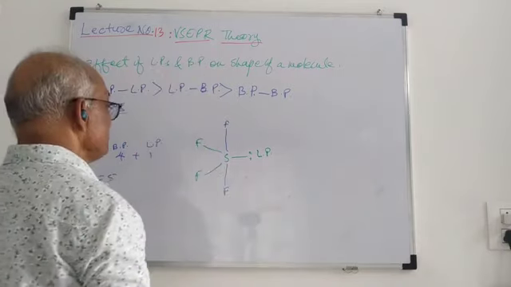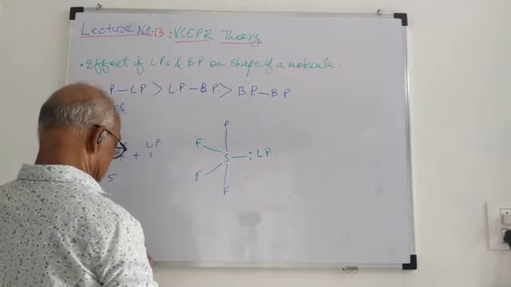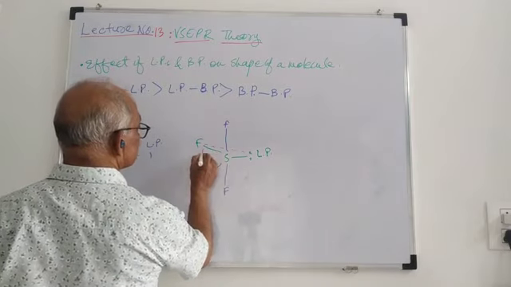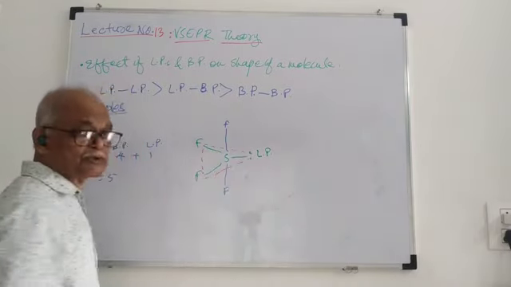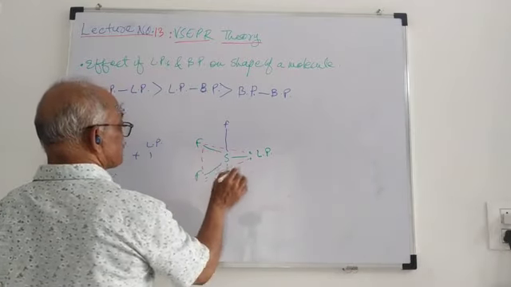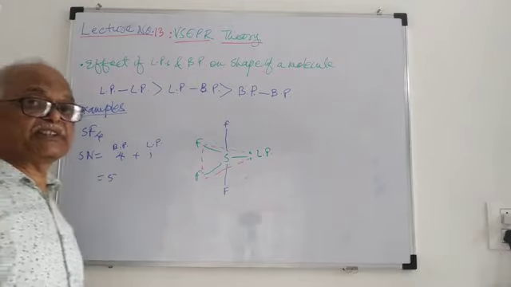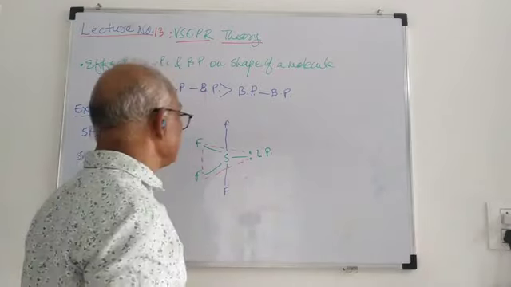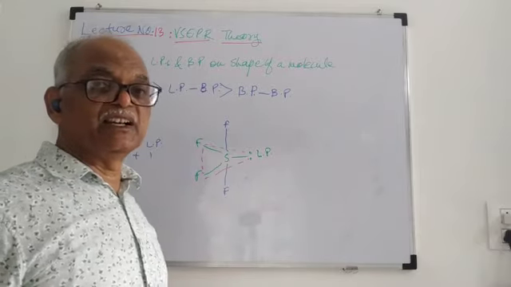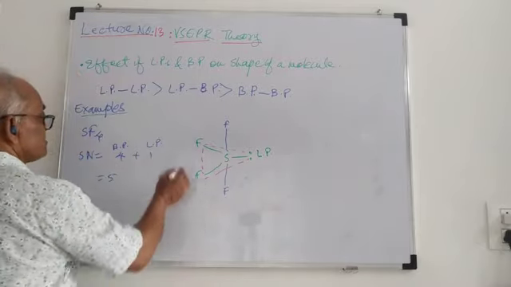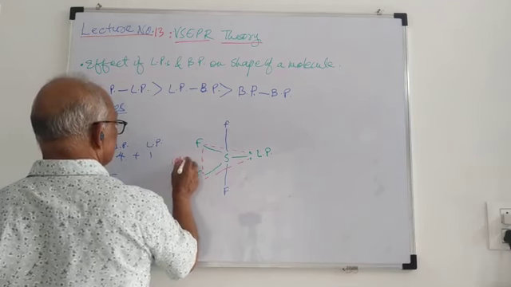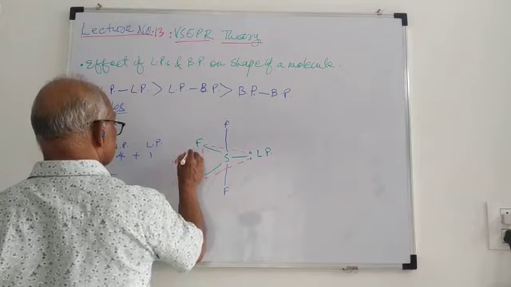Here you will find that this lone pair will push away, so we can mark the shape in this way, that is the XY plane. This lone pair pushes away these bond pairs, so these bond angles are reduced to some degree. We are expecting the trigonal planar structure where the bond angle is 120, but it is reduced from 120 to 101.6 degrees.